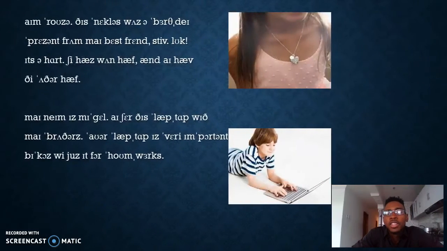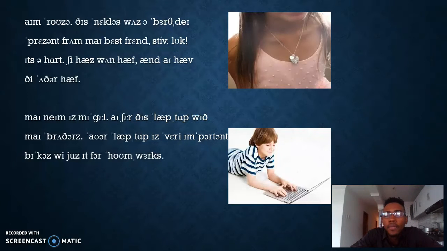In the next picture we have, "I'm Rosa. This necklace was a birthday present from my best friend Steve. Look, she has one half and I have the other half." So she has one part of the heart and her best friend has the other one.